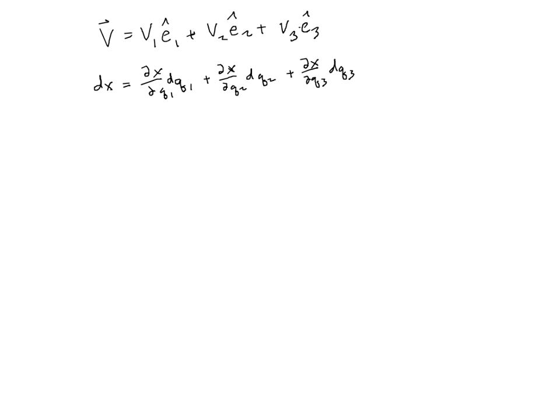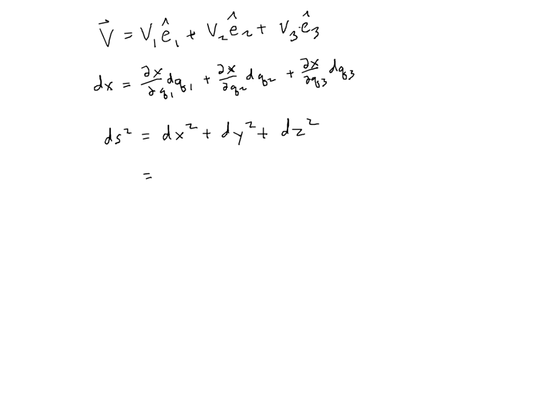So what I use this for is because I want to know the distance between two points in my system. And that's ds squared, and that's equal to dx squared plus dy squared plus dz squared.